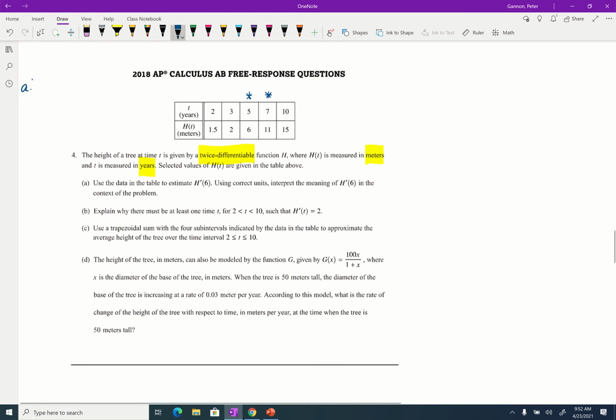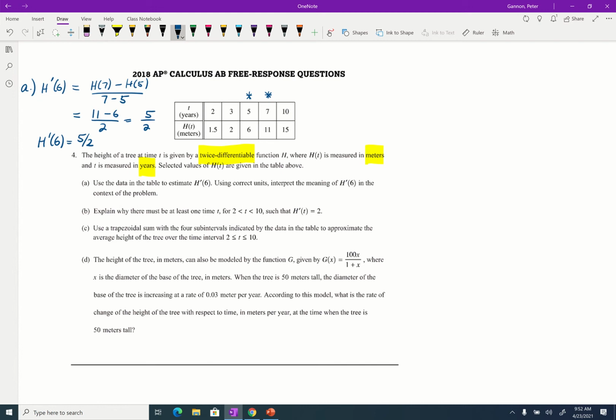So for part A, we're going to approximate h prime of 6 using h of 7 minus h of 5 over 7 minus 5. Again, that's the slope of the secant line, so that's going to be 11 minus 6 over 2, which is 5 halves. So h prime of 6 is 5 halves.